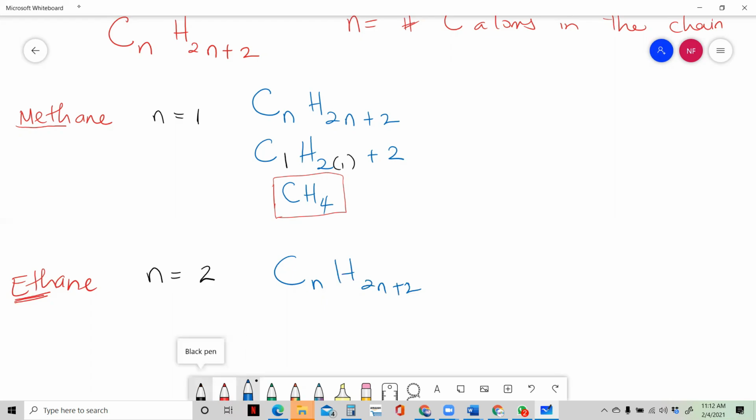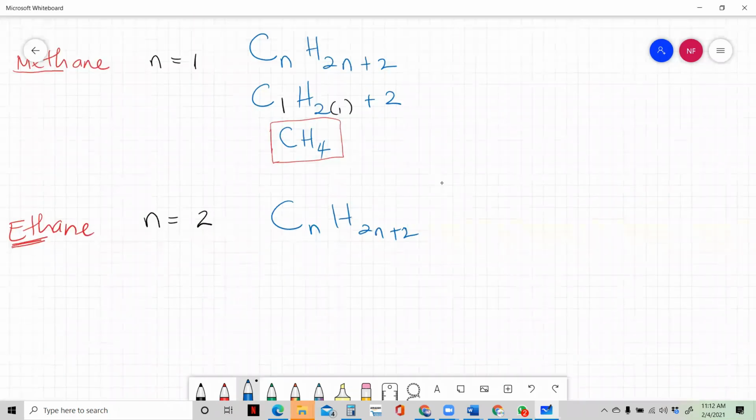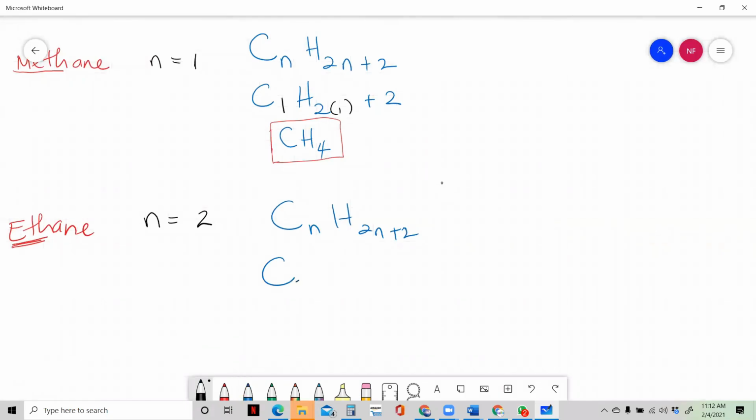I'm going to substitute for N. Because I'm doing ethane, N is equal to 2. So C, substituting N for 2, H, 2 times 2, plus 2. All right, what would be our formula for ethane? My formula for ethane is C2H6.